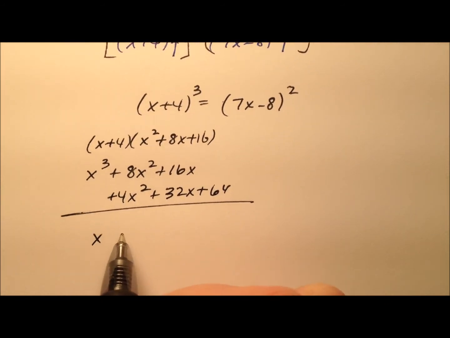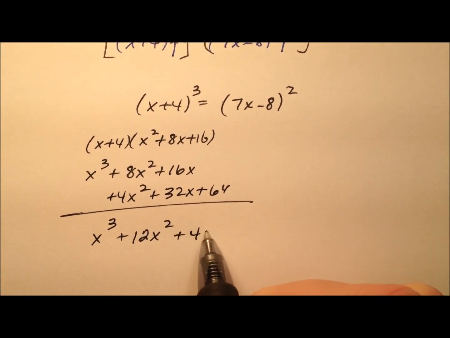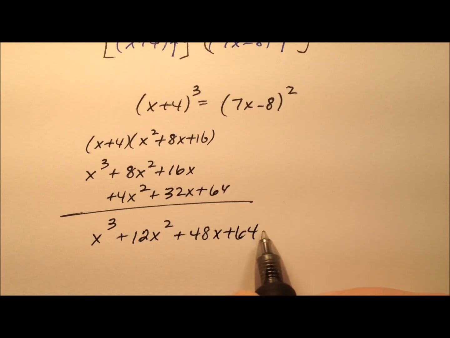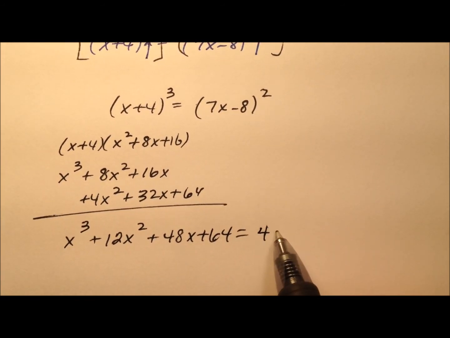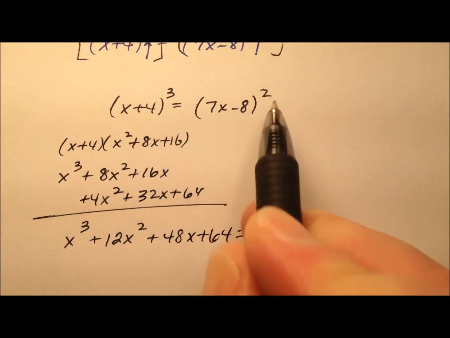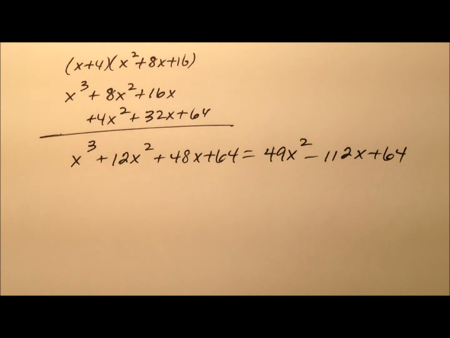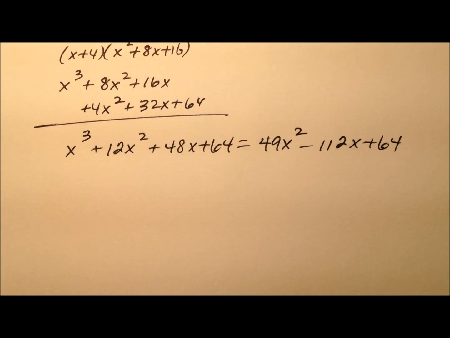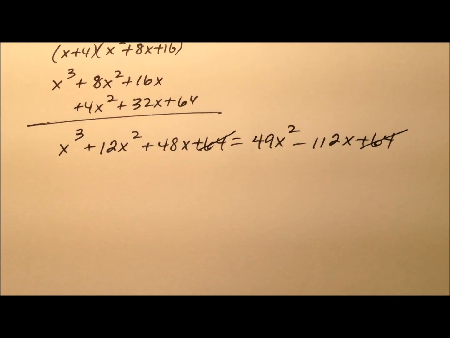Okay, so on that left side we have x cubed plus 12x squared plus 48x plus 64 equals. And when we square this, it'll be, let's see, 49x squared minus 112x plus 64. Well, there's lots of terms there, but it is nice because the positive 64s will cancel.